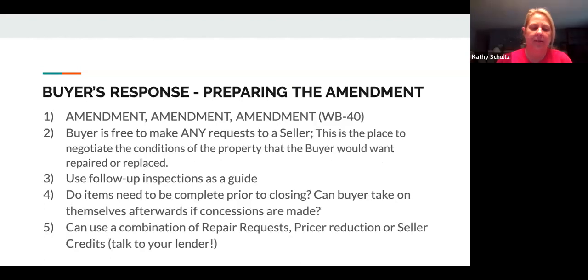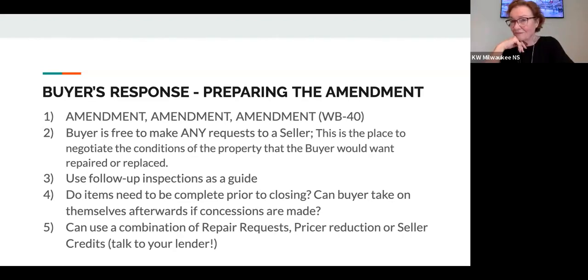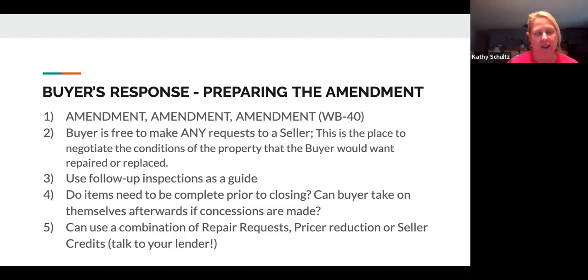I have a question. Sure. So with this new way that the inspectors have to do their reports with defects, I'm finding that a lot of inspectors are calling out maintenance issues as defects. Like, I'm trying to think of an example.